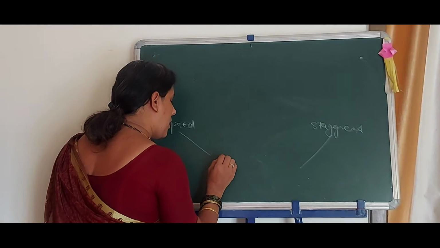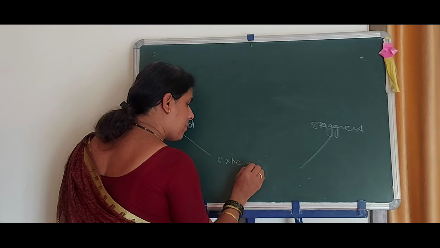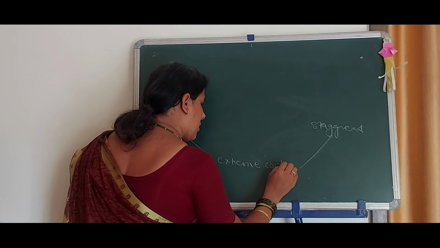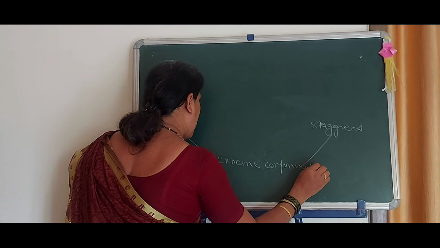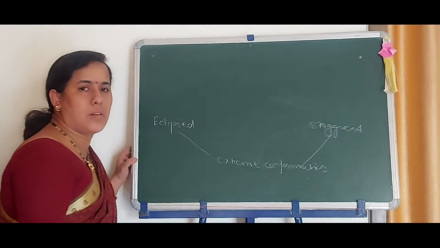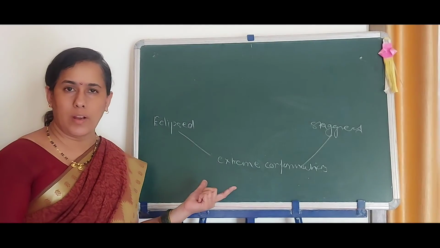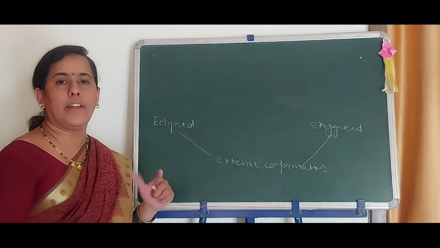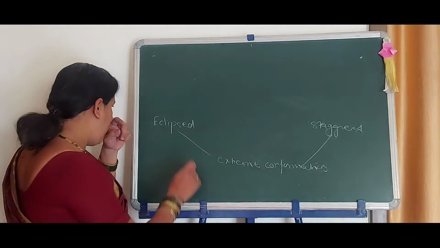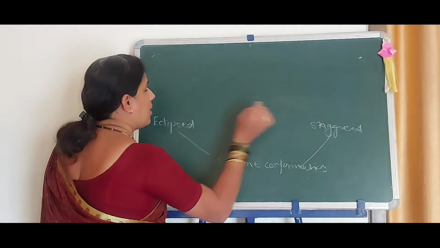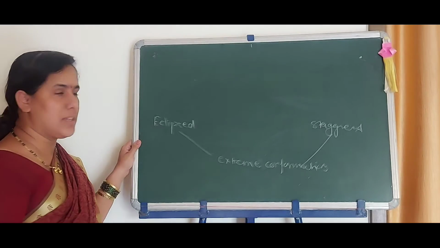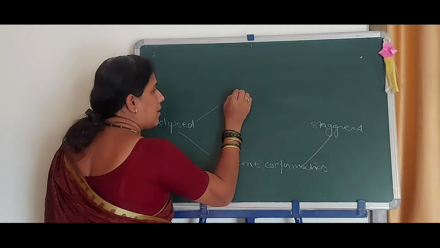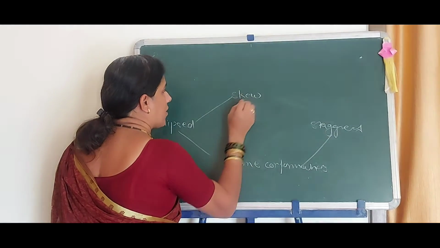Why is this called an extreme conformation? Because at normal temperature they can interconvert to each other. But between these 2, another conformation exists, that is called a skew conformation.